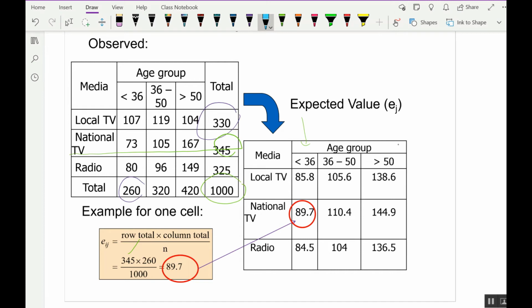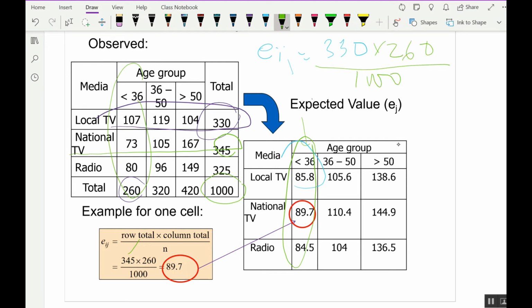For example, how do they get 85.8 here? Say we want to calculate this one. They take 330, because the row total here is 330. It is under the less than 36 column, so times 260, divided by the same 1000.